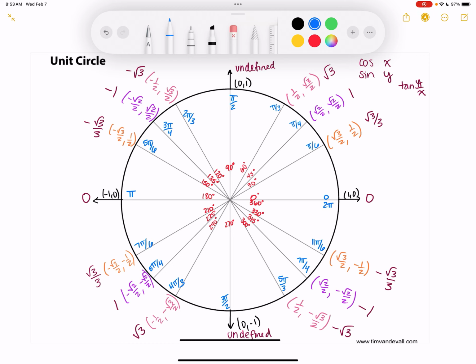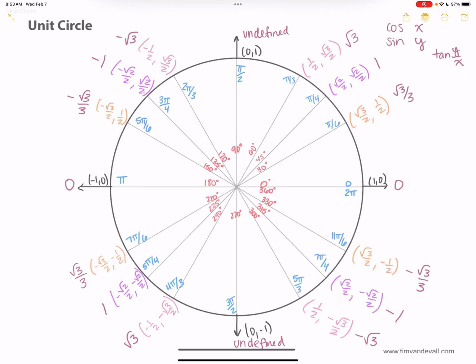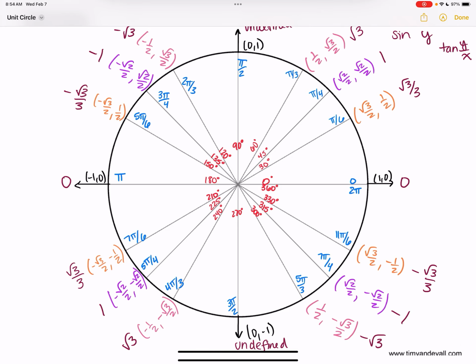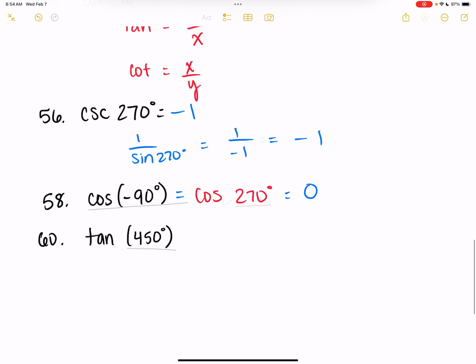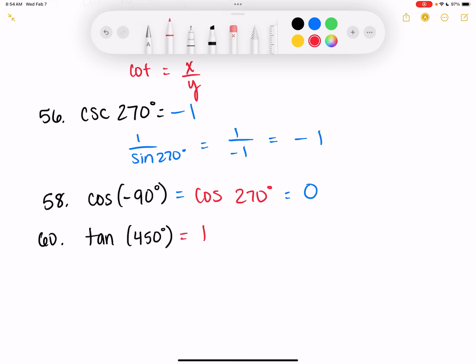It's what's written in the outermost part of the circle, the values out here, outside the ordered pairs. Undefined. So this is equivalent to the tangent of 90 degrees, and it is undefined.